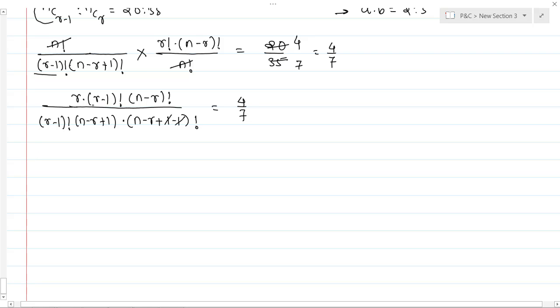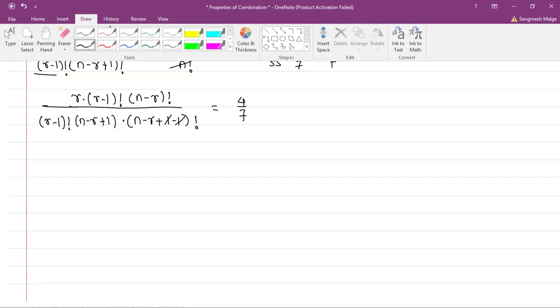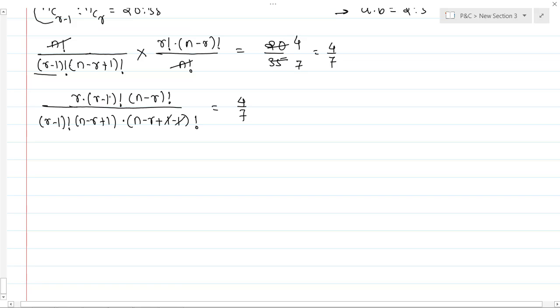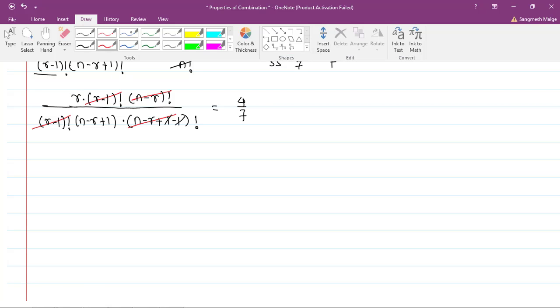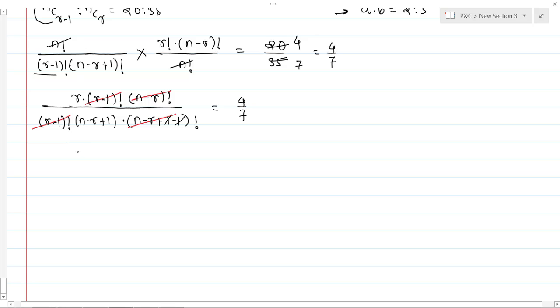Okay, so what can be cancelled out now? This r minus 1 factorial we can easily cancel. So this r minus 1 factorial cancels, n minus r factorial cancels. So r remains on top. So r divided by n minus r plus 1 is equals to 4 by 7.